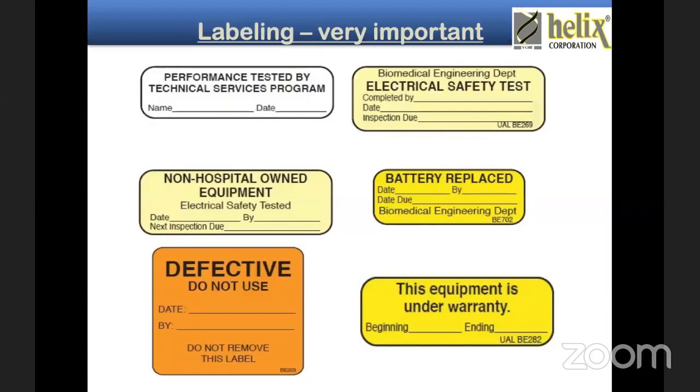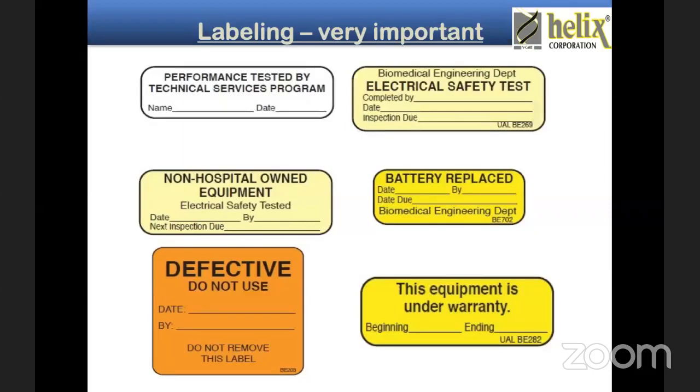Defective, do not use. This sticker, every biomedical engineer has to carry in his pocket. When he goes to the ICU and checks the performance of the machine, he has to slap the sticker on the front of the ventilator or equipment. He cannot just tell the sister, I am going down, I am sending somebody to move the equipment to the department. That will not happen.